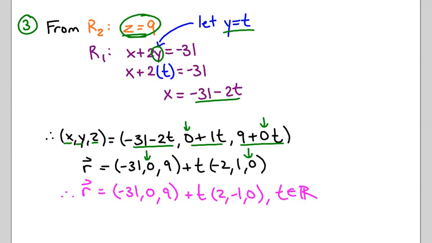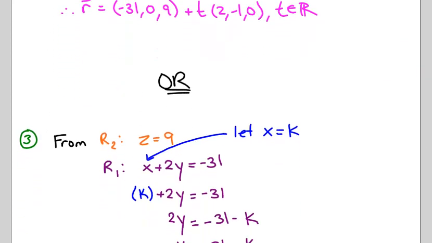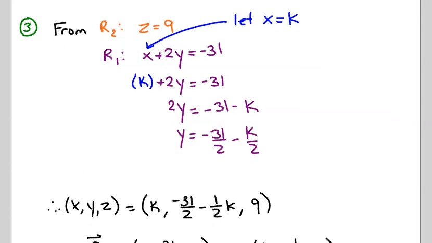All right, so that was one way that we could possibly do it. Another way is, if I got that z equals 9, and instead I didn't want to put the parameter into y, I had chosen x instead.